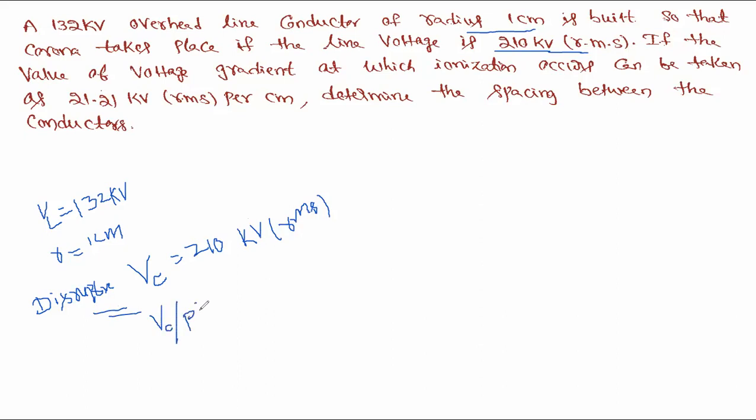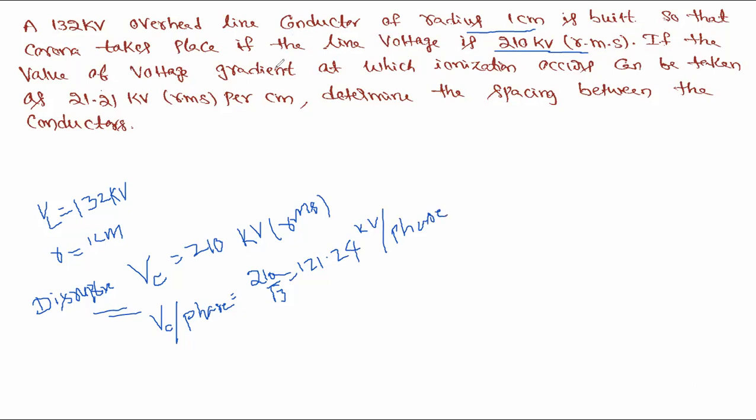Since they have given the line value, the disruptive critical voltage per phase is obtained by dividing by √3. 210 by √3, we are getting 121.24 kV per phase. This is the phase value.